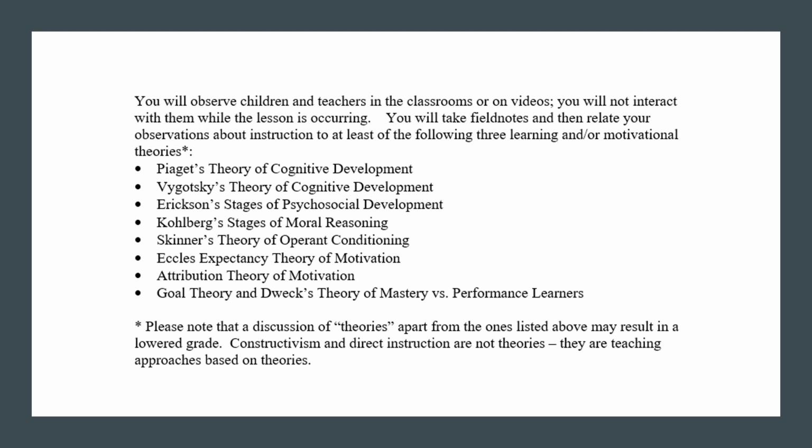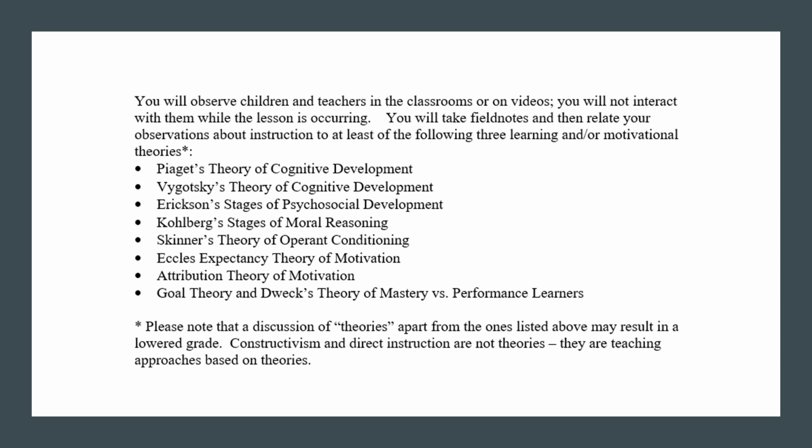Piaget's theory of cognitive development, Vygotsky's theory of cognitive development, Erikson's stages of psychosocial development, Kohlberg's stages of moral reasoning, Skinner's theory of operant conditioning, Eccles' expectancy theory of motivation, attribution theory of motivation, and goal theory, and Dweck's theory of mastery versus performance learners. You need to choose 3 of these, not another one.